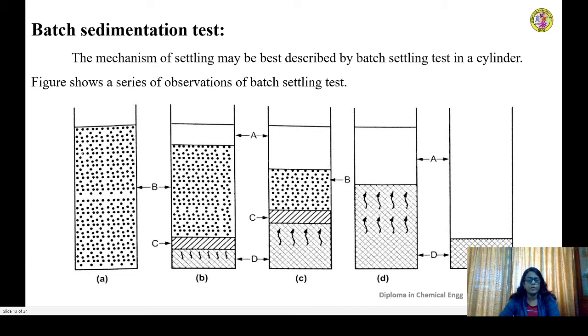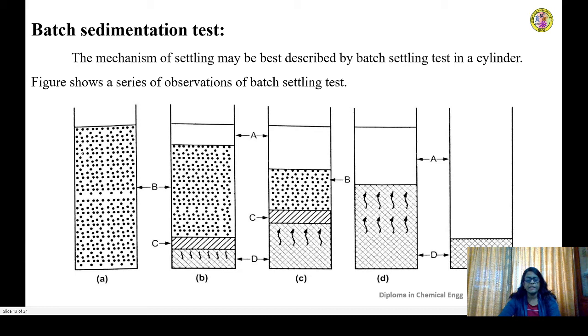Below zone B, there is another zone called zone C. This is a zone of variable size distribution and also non-uniform concentration. It gets set up between zone B and zone D. Zone D is the last zone, observed at the bottom of the column. Here the heavier and faster settling particles, which settle initially, will be seen. So that is zone D.